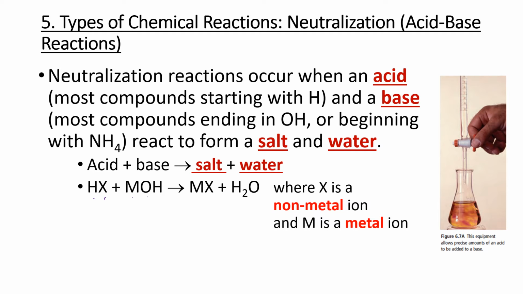When those two things come together, the metal and the nonmetal, so MX, come together and form a compound that we call salt, which is really basically any ionic compound. This is not table salt, this is salt as a type of ionic compound. And then H2O, because if you have HOH, which is hydrogen plus hydroxide, when you put this together, you get HOH, which is H2O.